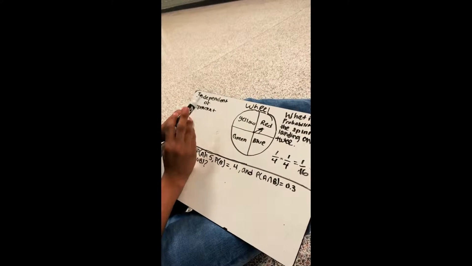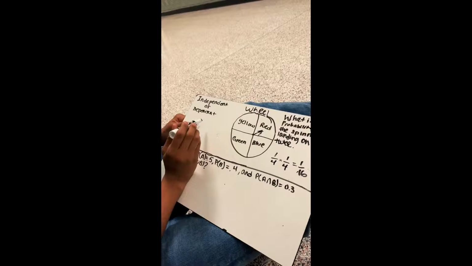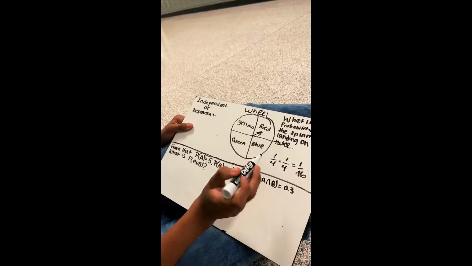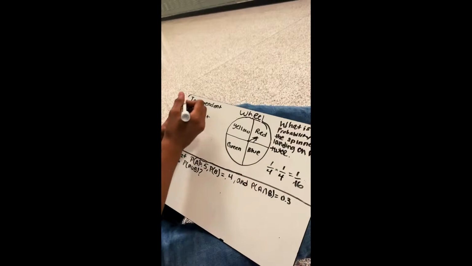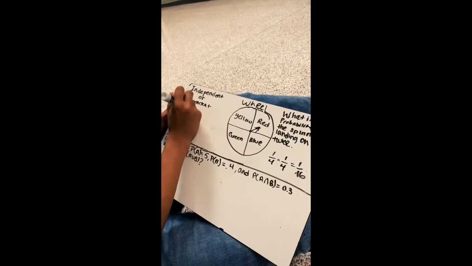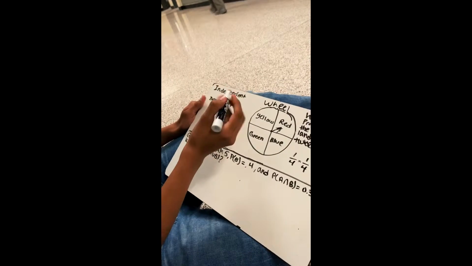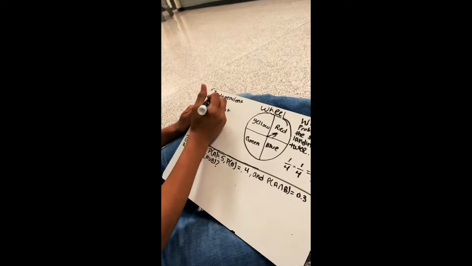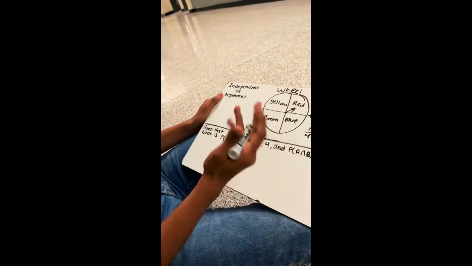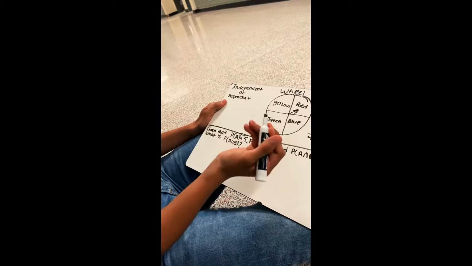So dependent is when the first action changes the second action. So let's say you were to pick up a stick from a cup, but without putting the stick back.